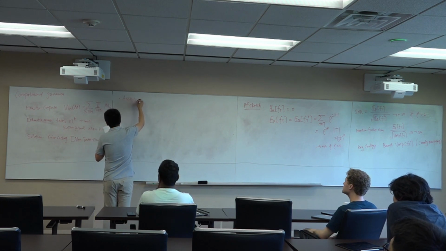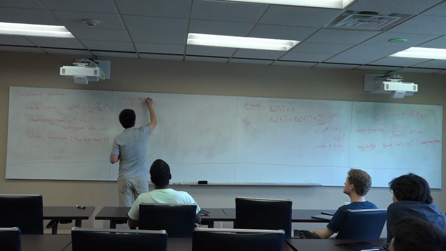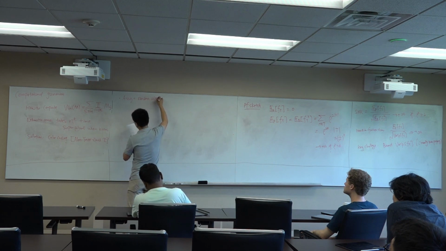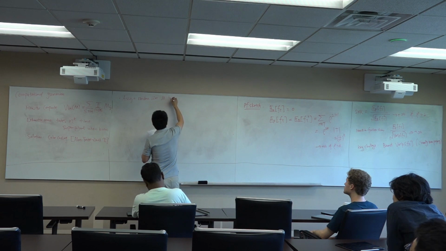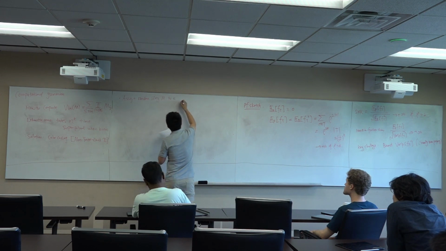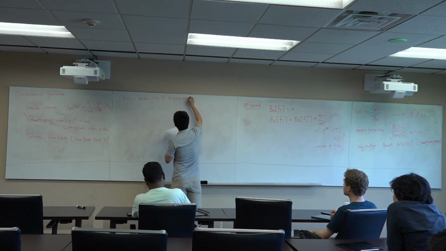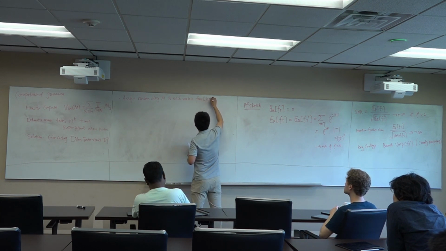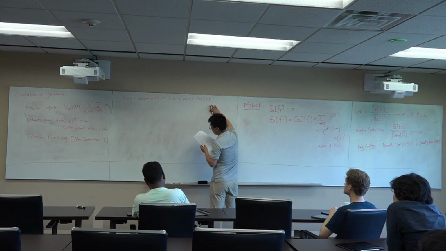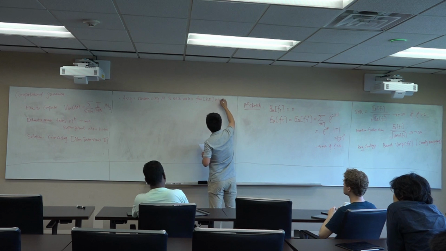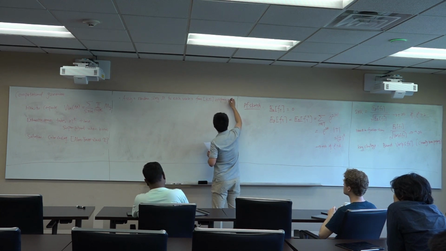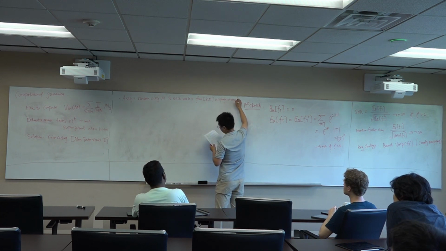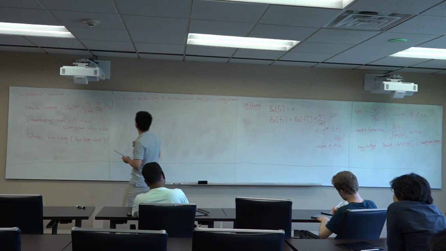You're going to assign a random color, let's say mu, to each vertex. So a random coloring mu to each vertex in the graph from the set 1, 2, 3 up to the integer k plus 1, uniformly at random.